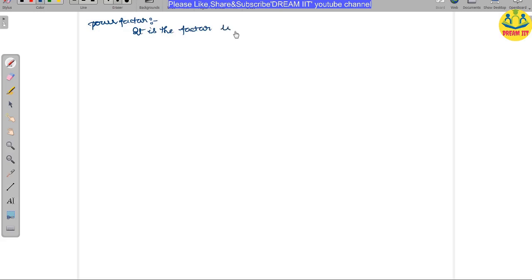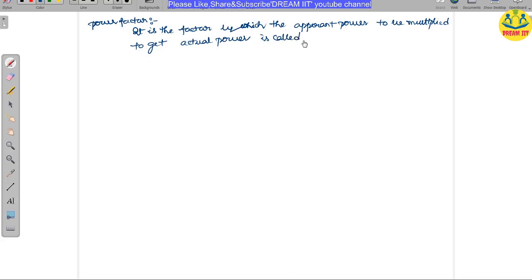by which the apparent power is to be multiplied to get the actual power or real power, and that is called the power factor.